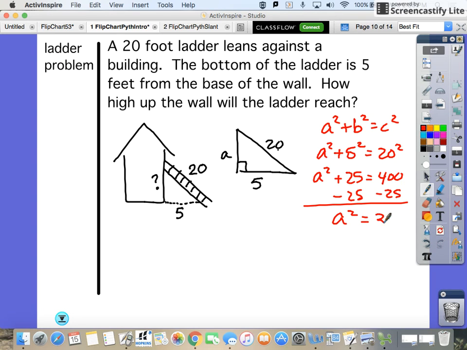A squared is 375. And then square root both sides. We get 19.36. So it would reach 19.36 feet up the wall.